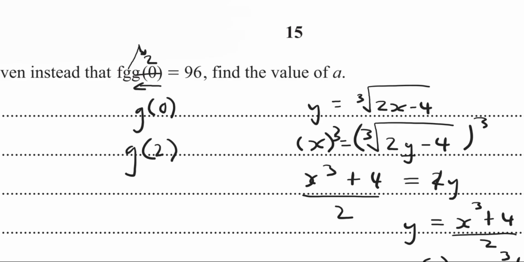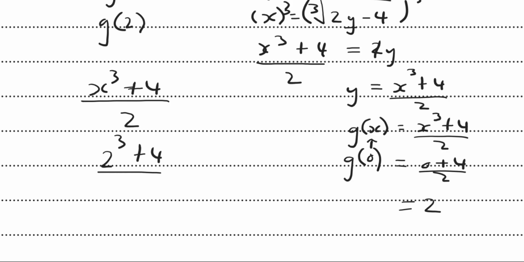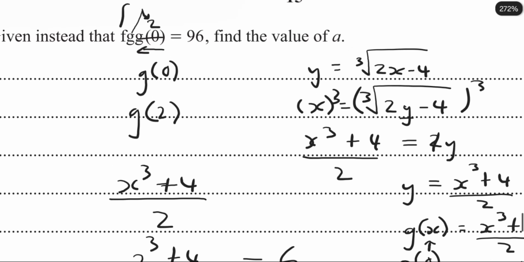With our expression for g of x, which is x cubed plus 4 over 2, if we sub in 2 for x, it will be 2 to the power 3 plus 4 over 2. That's 8 plus 4, 12 over 2, which gives us 6. So in other words, we're working with f of 6. This whole thing is giving us 6.